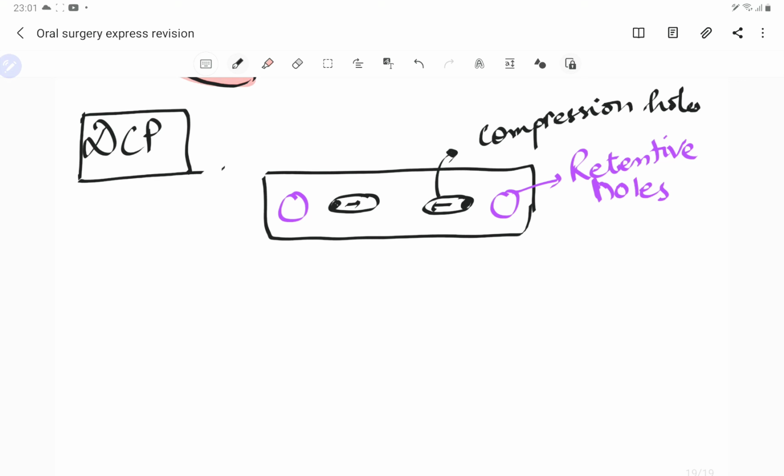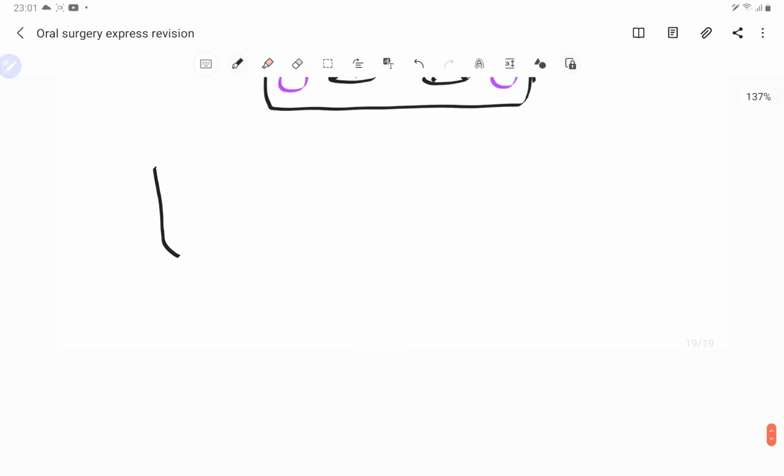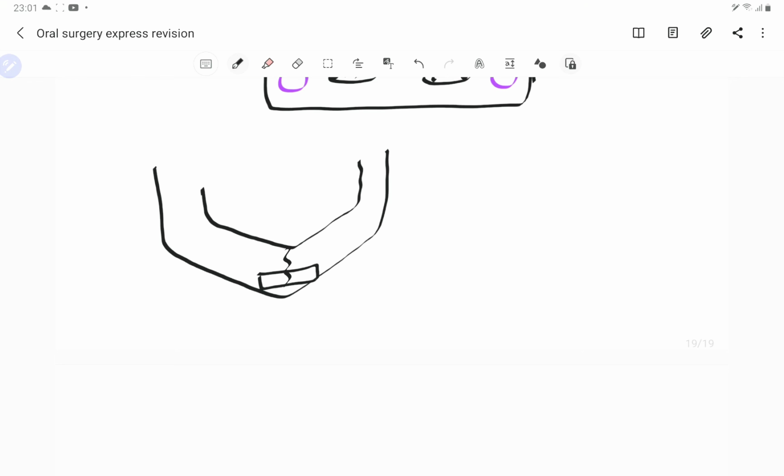But what happens if these dynamic compression plates are placed in the inferior border? Say suppose this is the mandible anterior region, and you have put a compression plate over here, and this was the fracture. These two fragments will start pulling each other.